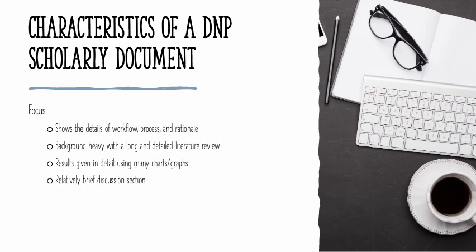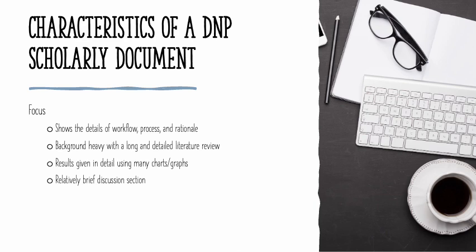So let's talk about the focus of the DNP scholarly document. The DNP scholarly document shows the details of your workflow, your process. It often gives rationales explaining why you did what you did. And again, that's to help someone to see your entire process, to validate that you have competency to work at this level.